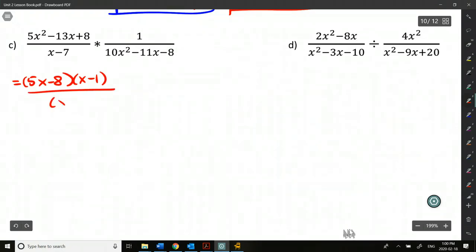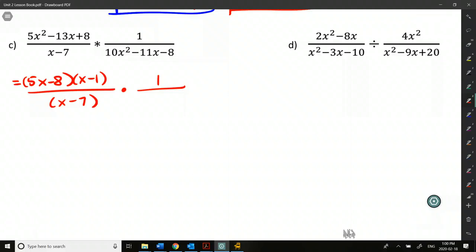Okay, this guy I can't really do too much with the x minus 7. I do like to kind of bracket it up just to show that it needs to be reduced with another x minus 7 if possible. 1, obviously we can't really do much with that. And then this guy here, let's see. That combination's not going to work.